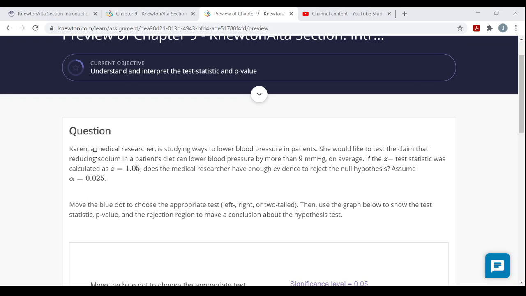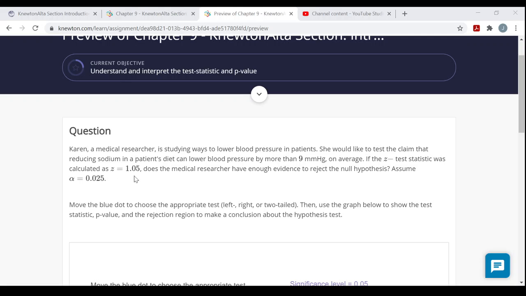Okay, so your Karen, a medical researcher, is studying ways to lower blood pressure in patients. She would like to test the claim that reducing sodium in a patient's diet can lower blood pressure by more than 9 millimeters of mercury on average. The z test statistic was calculated as z equals 1.05.